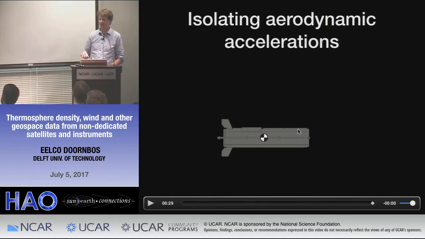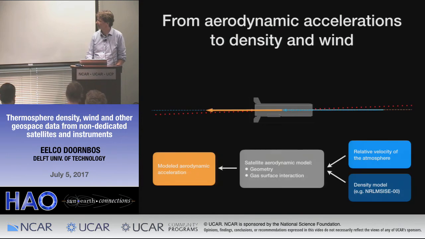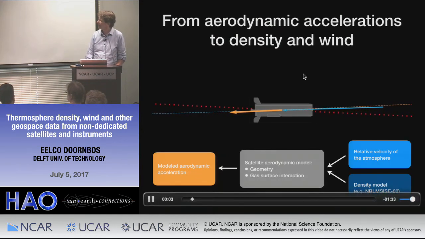So this will solve itself eventually when the satellites go down in altitude and when solar activity starts to rise in a couple of years. This is important to keep in mind: at these very low levels of drag, you have large errors in your data. So now we have these aerodynamic accelerations.